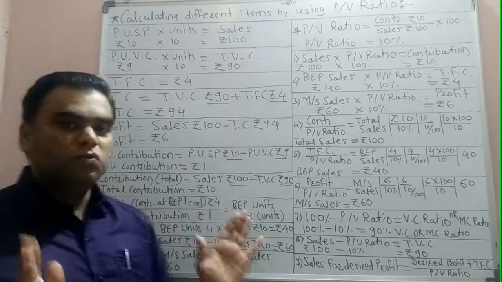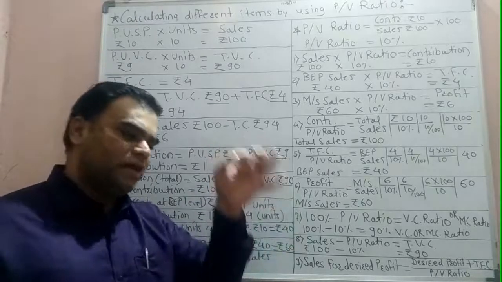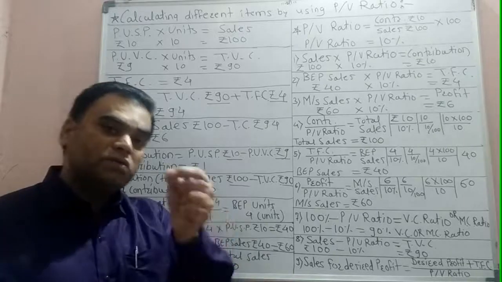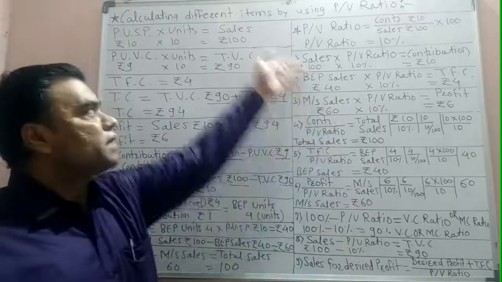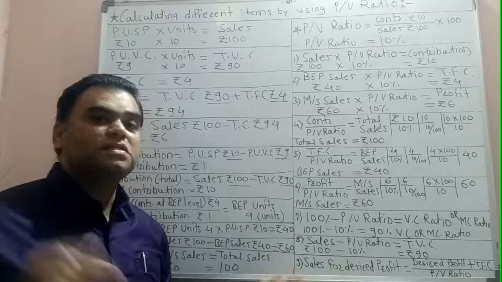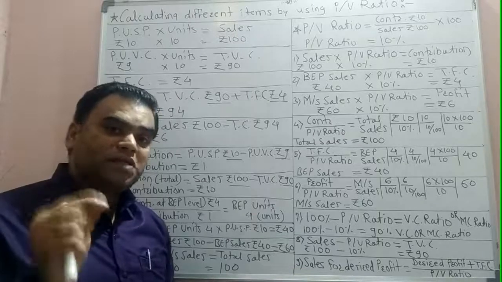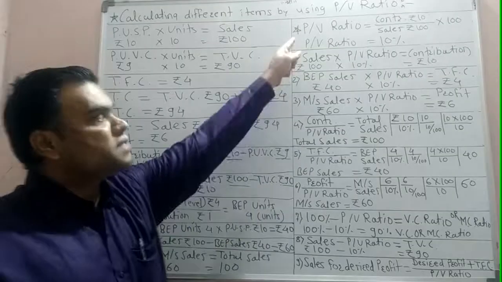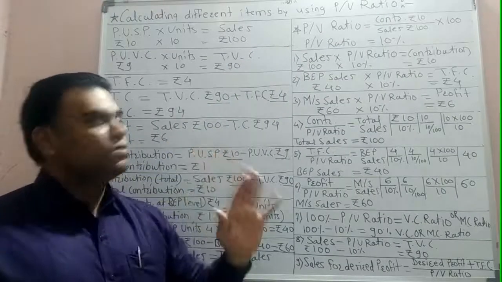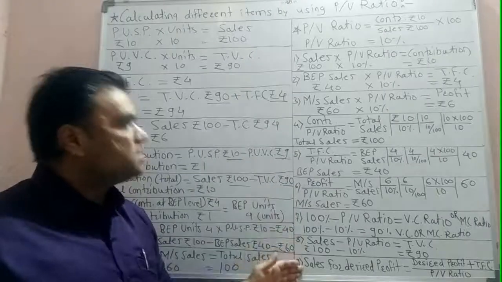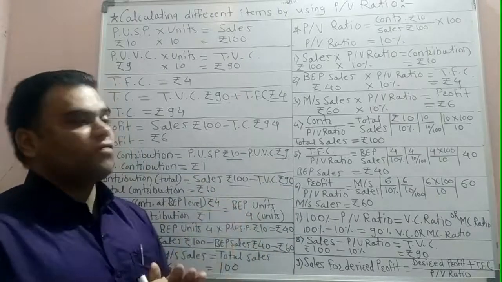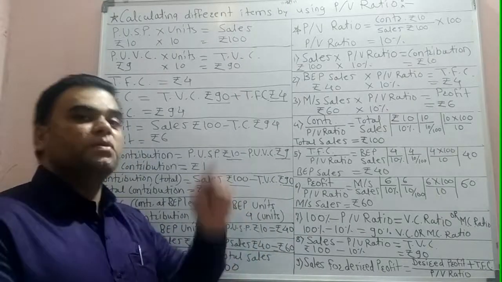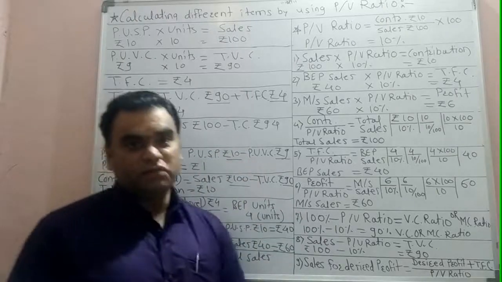By using that PV ratio you can calculate 9 items, meaning near about 90% of the items of marginal costing technique you can calculate by using PV ratio. So which are these 9 items and how to calculate or find out these 9 items by using PV ratio, now we are going to discuss.